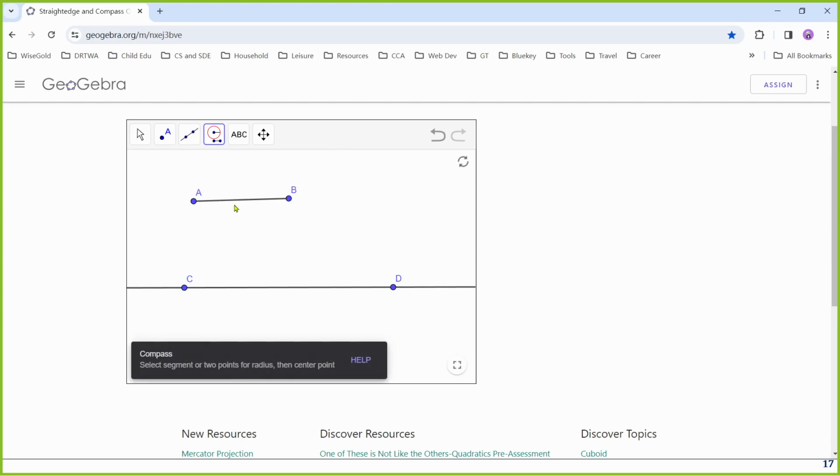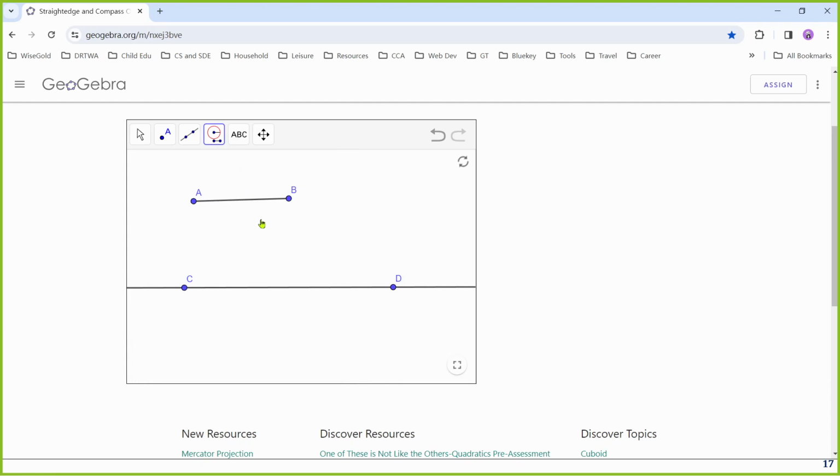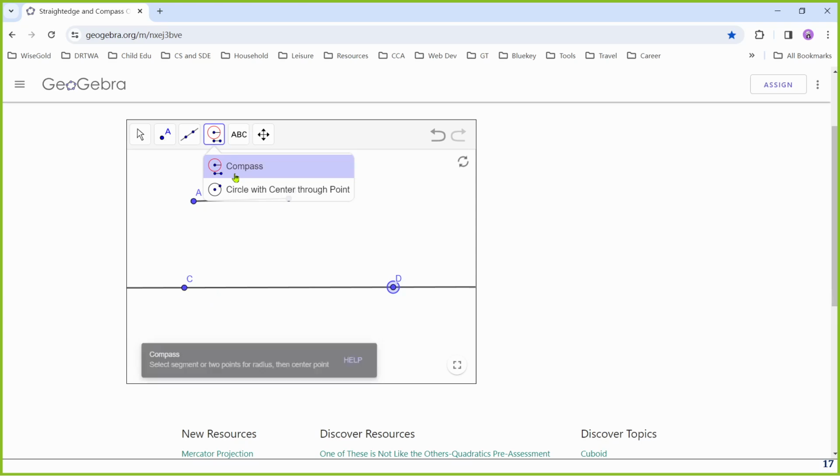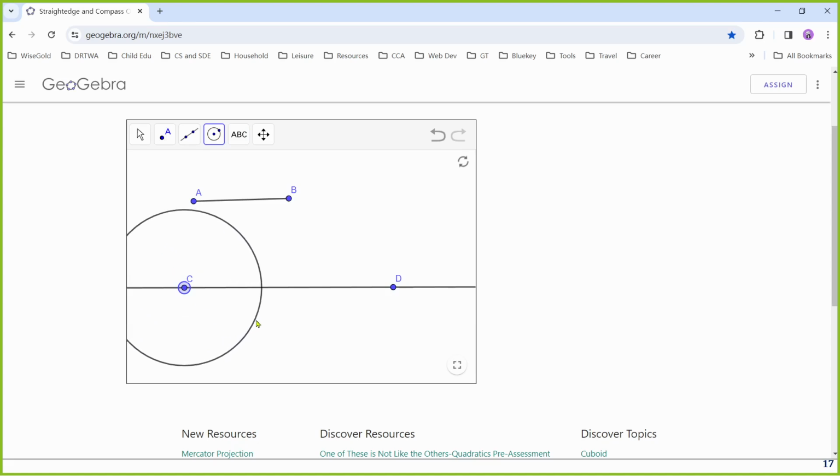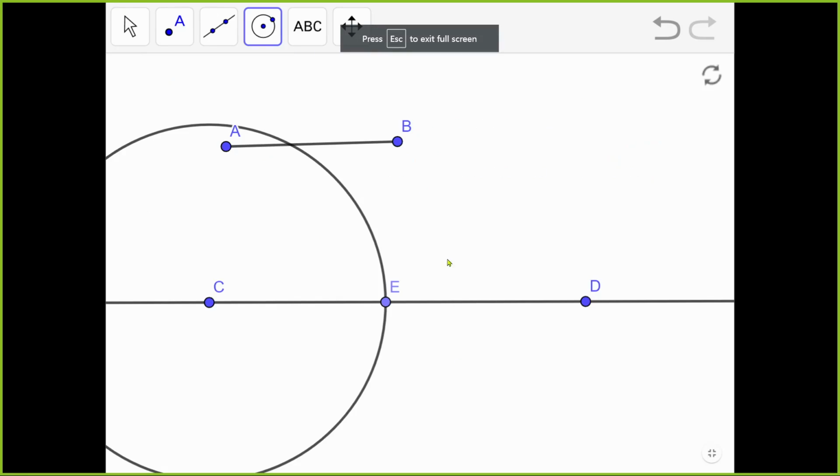So you need to use your compass to mark the length of AB and then draw a circle here, such that the radius of that circle equals the length of AB, right? Then you will have 2 points of intersection.